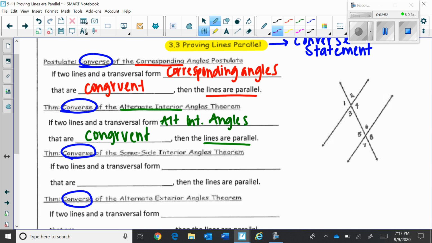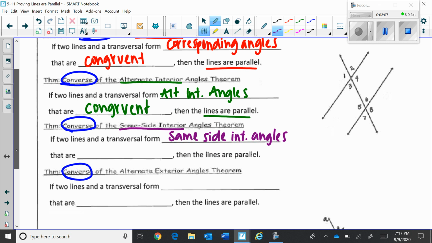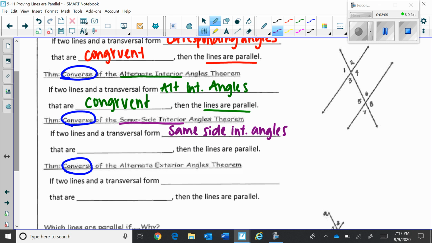The next one, converse of same side interior. You're looking and we see that we have same side interior angles. I am shorthanding here. What do we know about same side interior angles? They are supplementary, which means they add to 180 degrees.